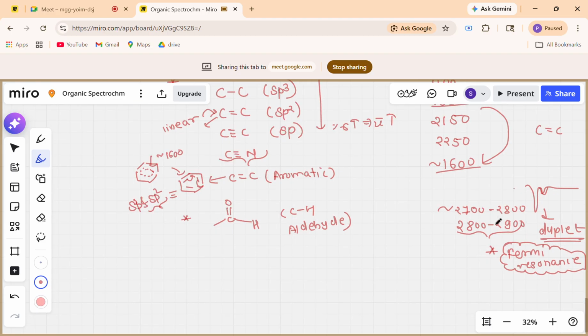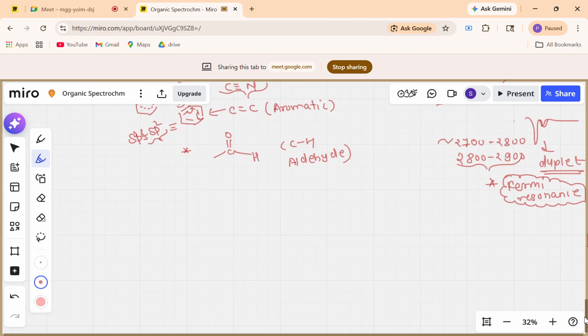This is an important characteristic when you are analyzing an aldehydic compound, or a compound containing the aldehydic CH bond. In the IR spectra there is a Fermi resonance phenomenon happening, and the corresponding stretching frequency lies in the region of 2700 to 2900. Just keep this point in mind.